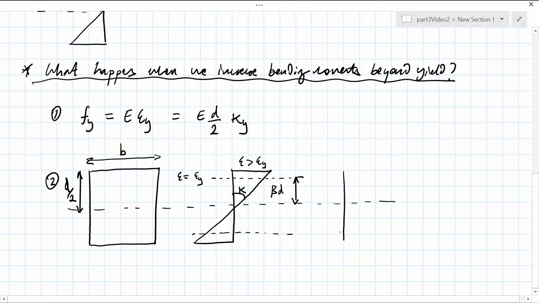The corresponding stress distribution then is as we've shown previously, where beyond the yield strain we get yield penetration. And between these 2 points the section remains elastic.